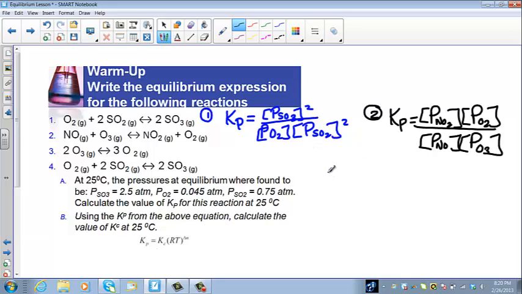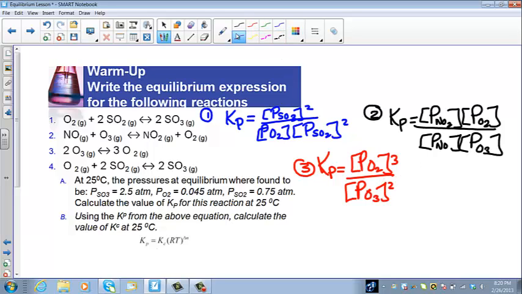And for the third one, we've got Kp is equal to the pressure of O2 to the third divided by the pressure of O3 to the second.